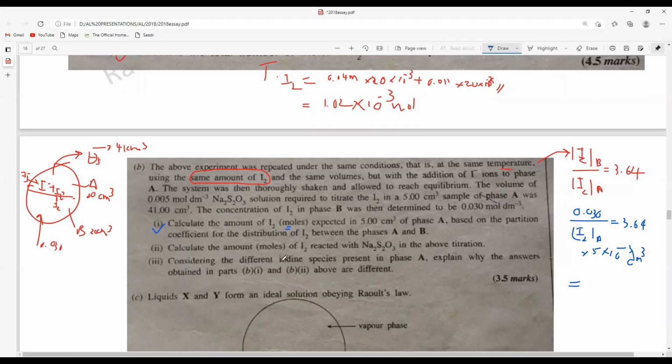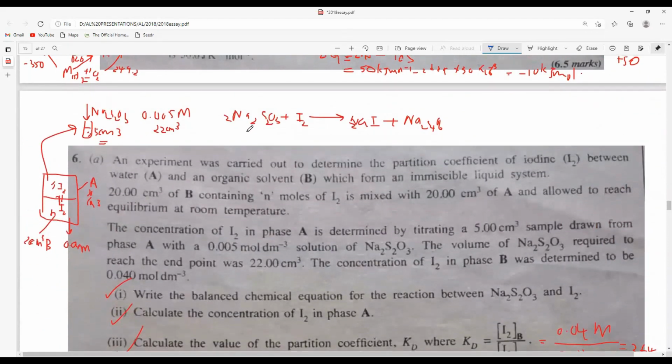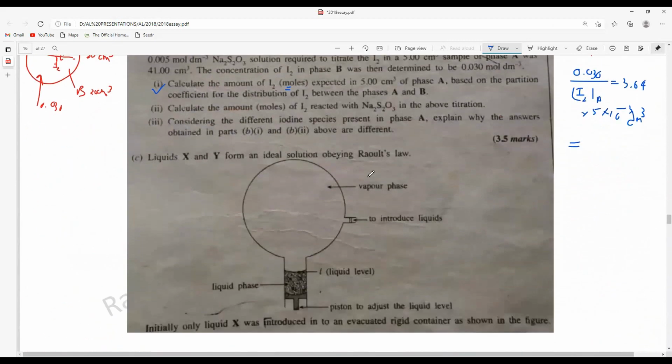Then calculate the amount of moles of I2 reacted with sodium thiosulfate in the above reaction. So it is again very similar. You know the concentration of sodium thiosulfate and you know the endpoint volume, which will be 41. So 0.005 times 41 times 10 to the power minus 3 will be the sodium thiosulfate amount. Then half of that will be the I2.